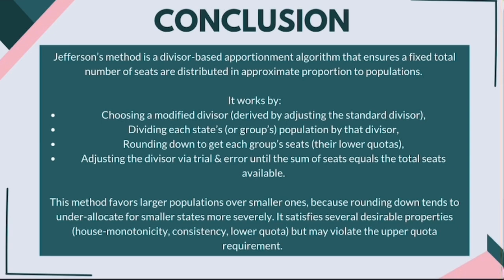It works by choosing a modified divisor, derived by adjusting the standard divisor, dividing each state or group's population by the divisor, rounding down to get each group's seats, their lower quotas, and adjusting the divisor via trial and error until the sum of seats equals the total seats available.